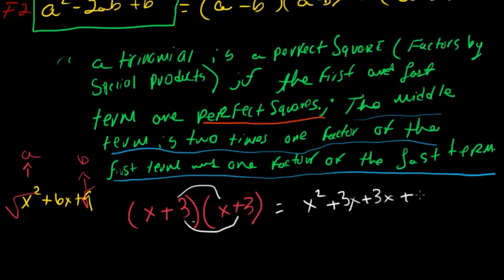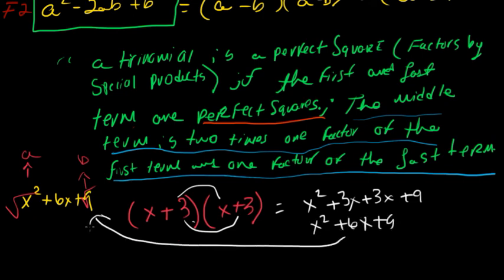So this will be x squared plus 6x plus 9, which is equivalent to this here. So that must mean that this is the factored form.